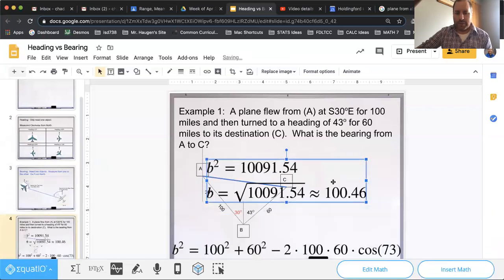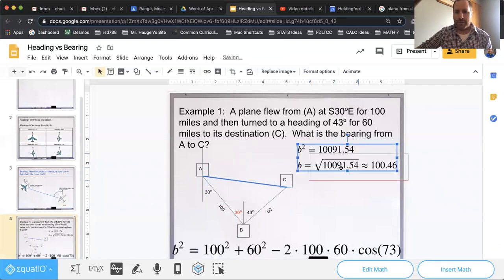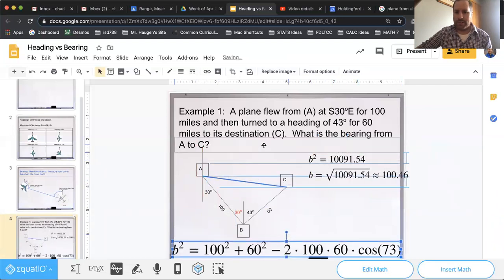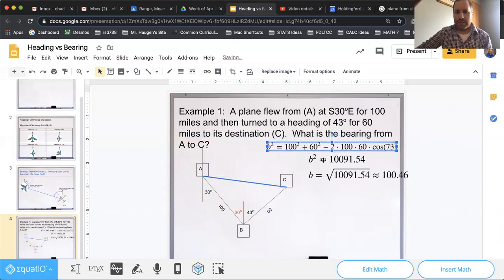So I'm going to put this, maybe make it a little smaller. Let's put all this stuff together up here. So there's our work for finding that side, side b.